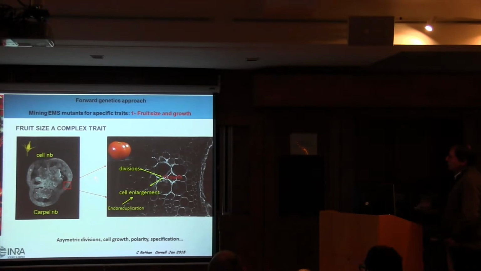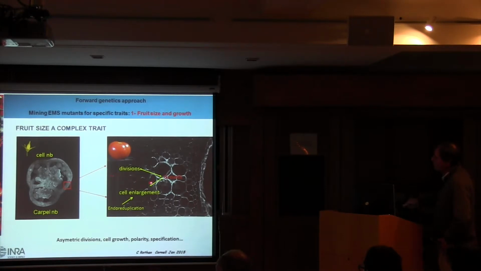Fruit size depends on both cell number and carpel number, so this is determined mostly or in part before fruit set. And then after fruit set, you still have cell division that will determine the number of cells. You also have cell enlargement that will determine the size of the cell, and this is tightly correlated in tomato to the endoreduplication process, nucleus ploidy.